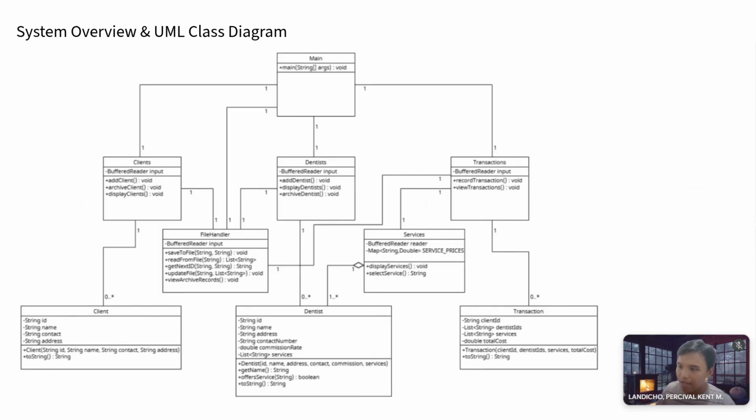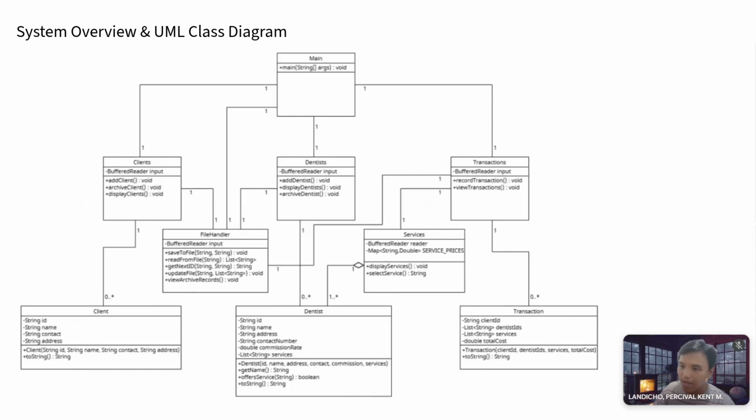Let us now discuss the relationships between the classes. Main has a plain association with clients, dentist, transactions, and file handler. It calls their methods directly with a one-to-one relationship. Clients has an association with file handler for file operations, and it creates client objects with a one-to-many relationship.